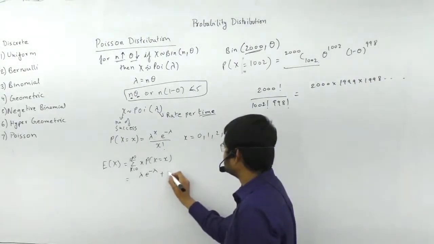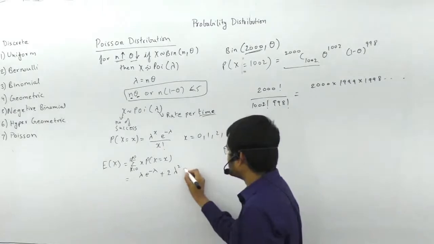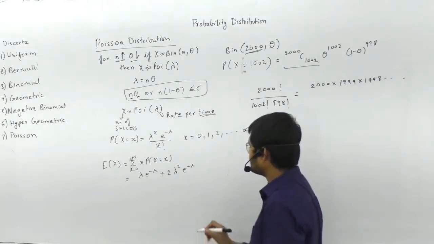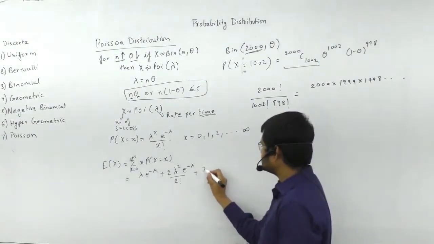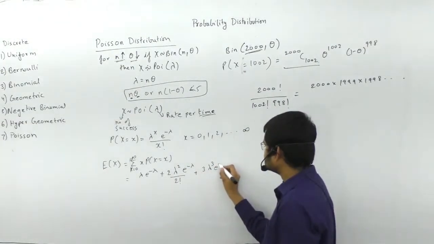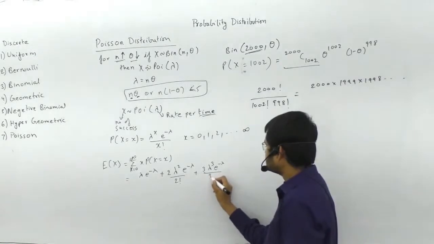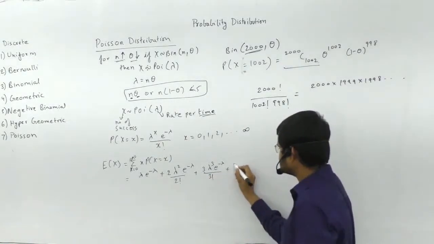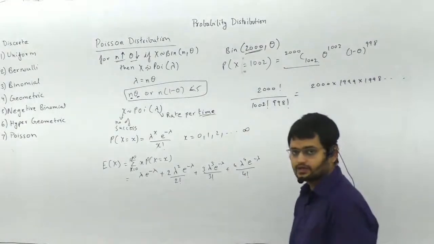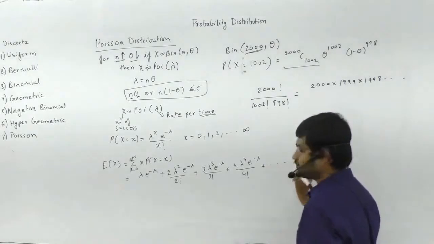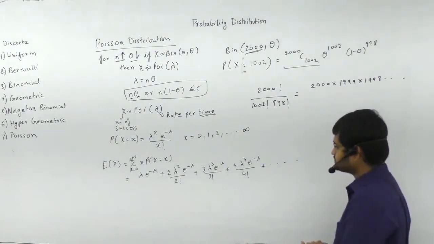Then plus for 2, we'll have 2 lambda square e raised to minus lambda upon 2 factorial, plus 3 lambda cube e raised to minus lambda upon 3 factorial, plus 4 lambda raised to 4 e raised to minus lambda upon 4 factorial, and so on. This will go on forever.